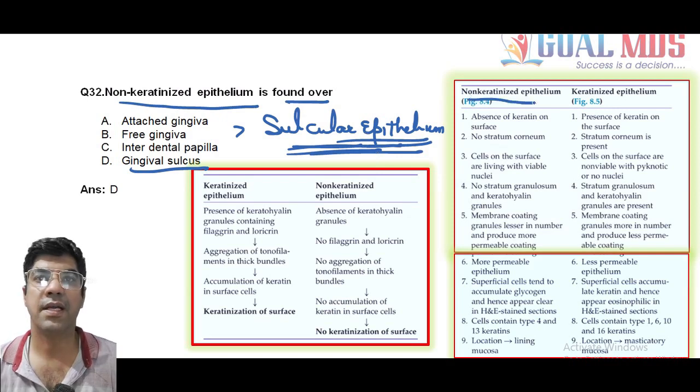So the non-keratinized epithelium is found over the sulcular epithelium.